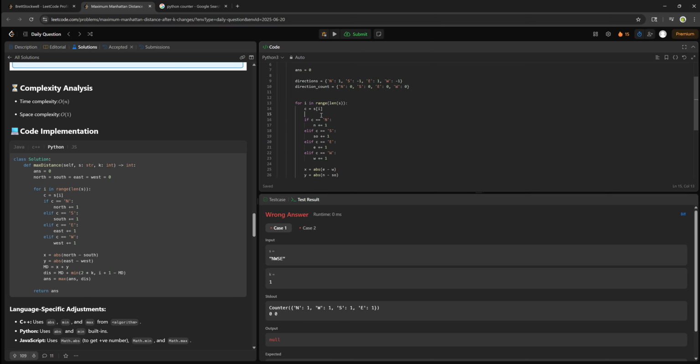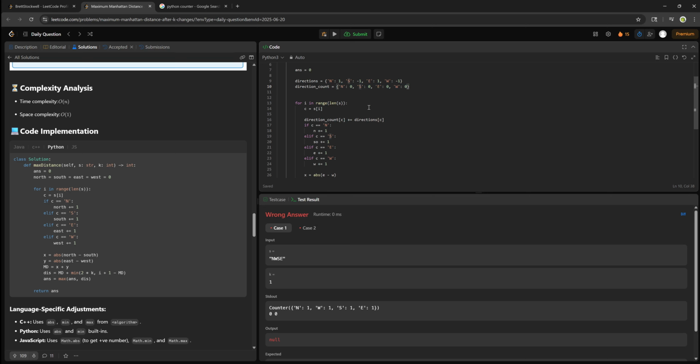So direction count of C plus equals directions of C, right? This is just saying we're looking in this array. If our current one, we're just going to mark our current one.